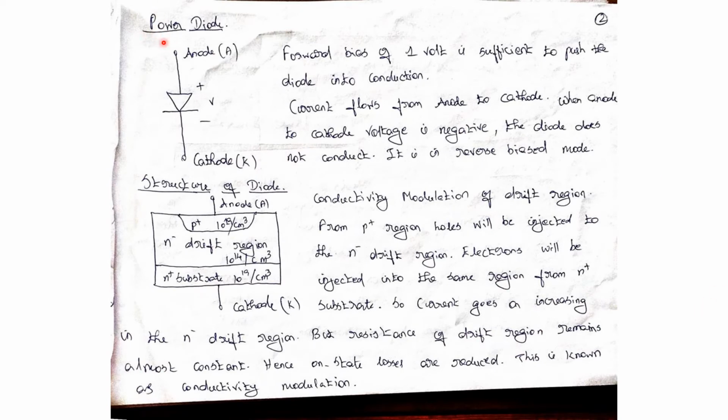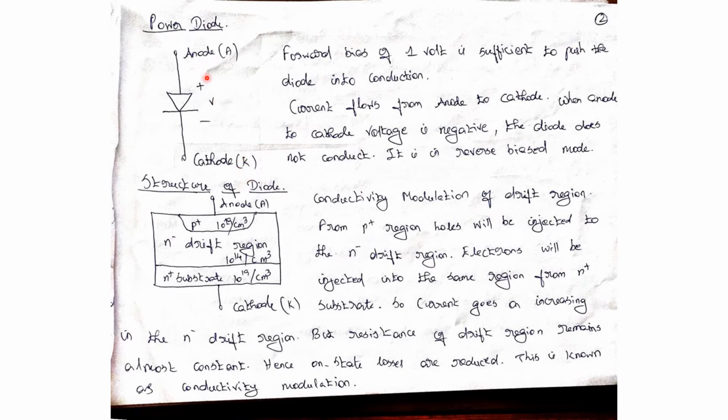Now this is the structure of the power diode. Power diode, plus and minus. This side is the anode, A. Anode is nothing but positive. This side is the cathode. Cathode is minus. The current flows from anode to cathode.